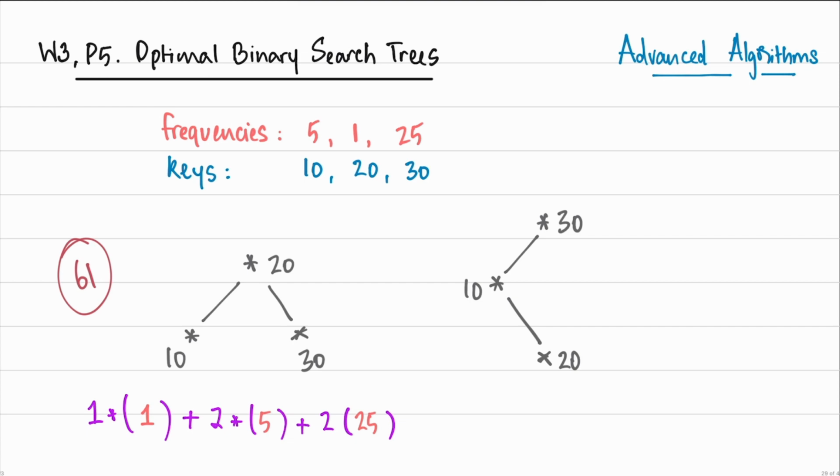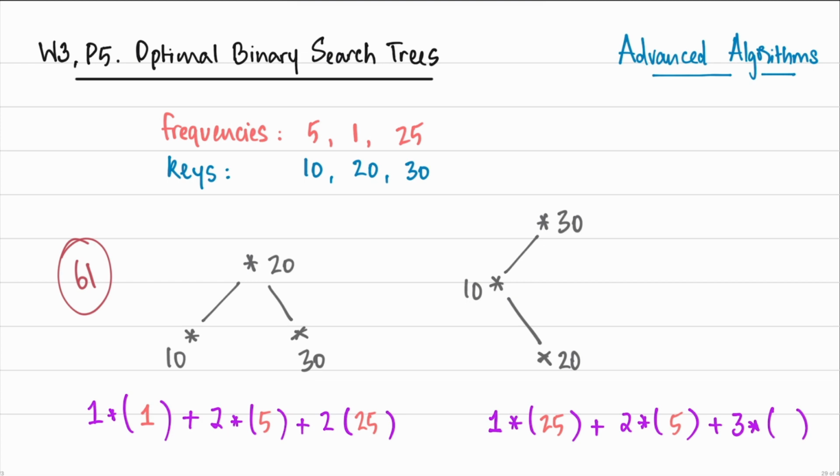At the root, we have 30, which is nearly free to access with a cost of 1. And that's going to get a multiplier of 25. And then for 10, we have an access cost of 2. And the multiplier is going to be 5. And for 20, we have an access cost of 3, which is something we did not encounter at all when we were doing the balanced variant, because the depth was only up to the first layer of children.